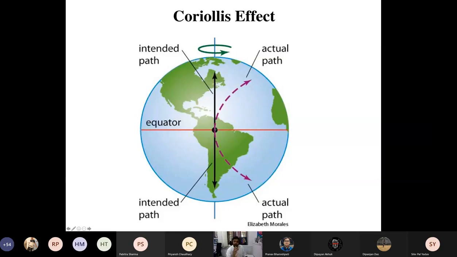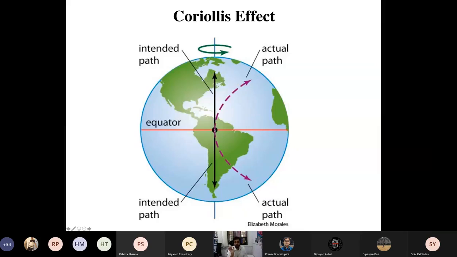In the northern hemisphere, when it's moving north, it will be deflected to the right. When it's moving south, it will also be deflected to the right. Whereas in the southern hemisphere, when it's moving towards the pole, it's going to be deflected to the left, and when it's moving away, it's also going to be deflected to the left.